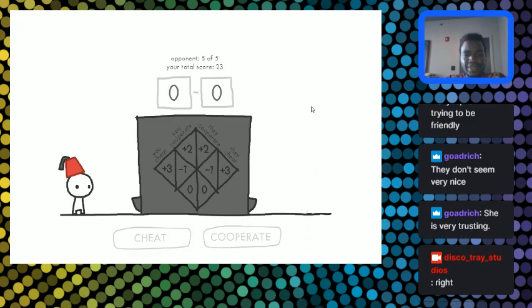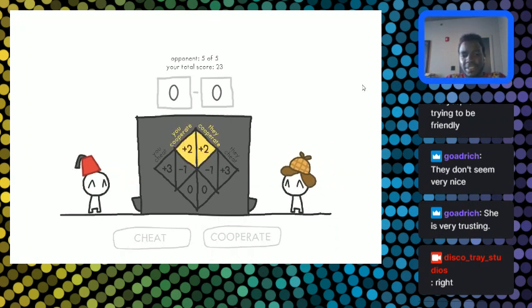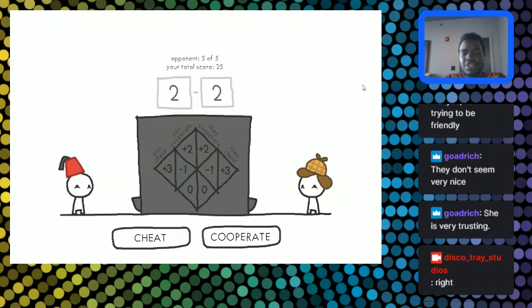Okay. Seems like my opponent is being smart as well. I guess it's gonna be whoever cheats maybe gets something, but still, let me choose to trust my opponent anyway. Okay. Sounds like the opponent is also cooperating. That's nice.